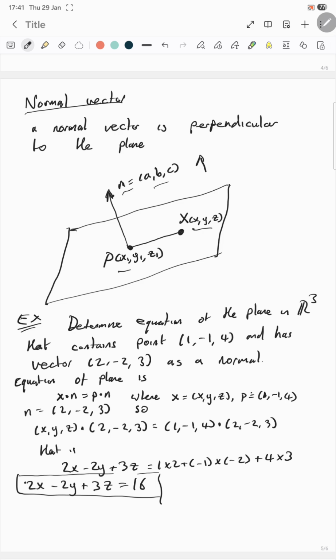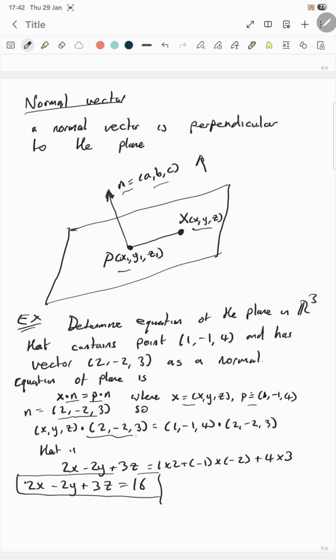Now here's an example. Determine the equation of the plane in R3 that contains the point 1, minus 1, 4, and has as its normal vector 2, minus 2, 3. The equation of the plane is x dot n equals p dot n, where x is x, y, z, and p equals 1, minus 1, 4, and n is our normal here.